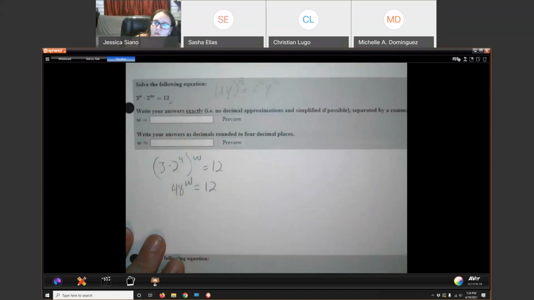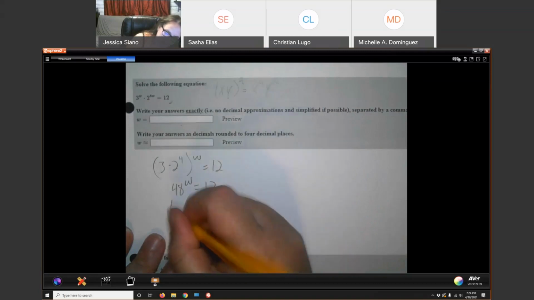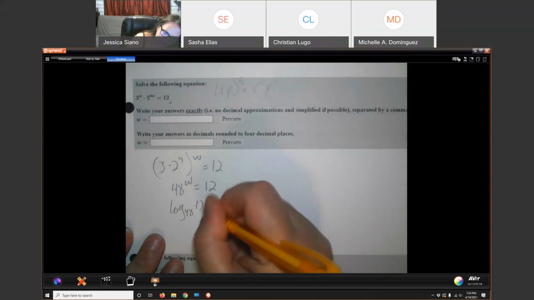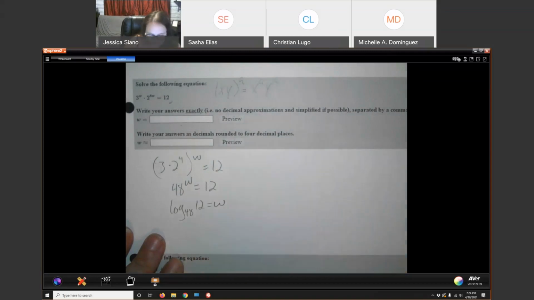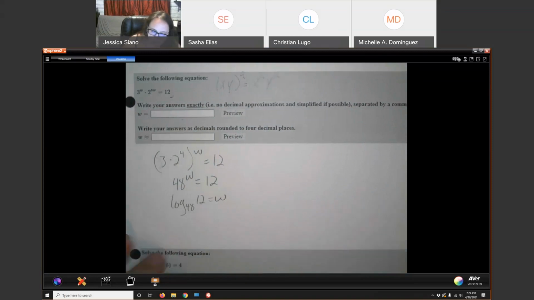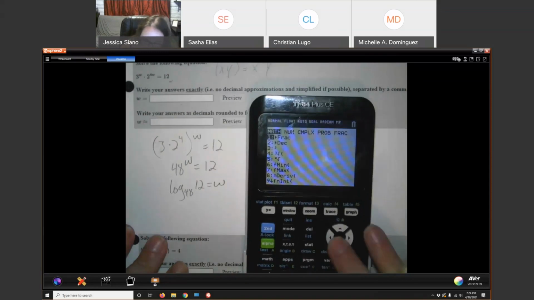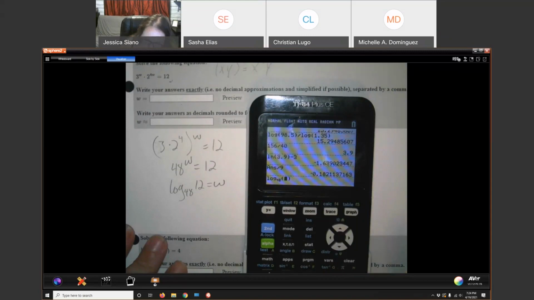So what I have here is 48 to the w equals 12, which is then log with base 48 of 12 equals w. It's my exact answer. And so then my rounded answer is 0.6419.